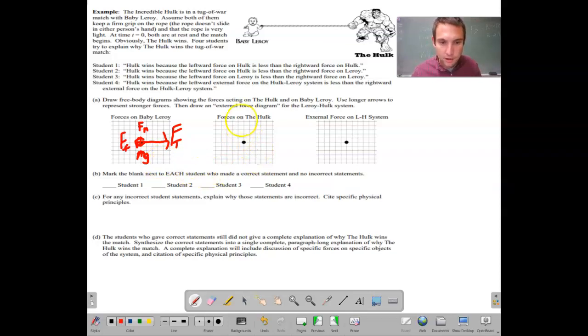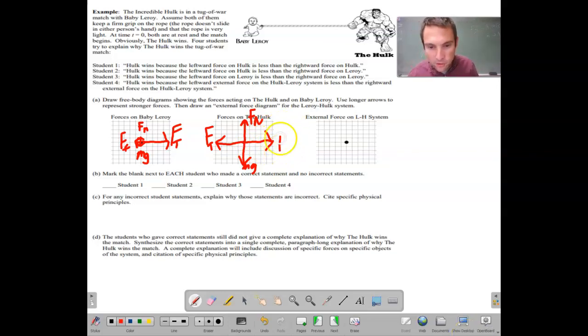Okay. Forces on the Hulk. Well, we have a much bigger mass. So that means we have a much bigger normal force, which also means we have Ft, which is Baby Leroy on Hulk. And then we have a greater frictional force.